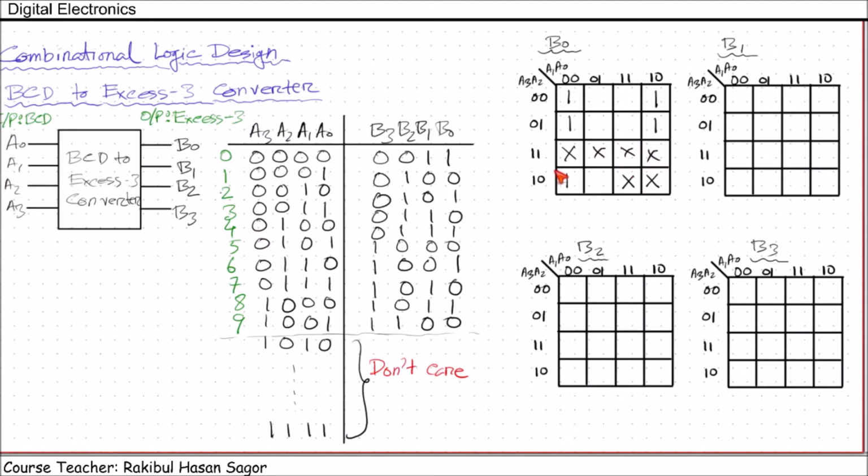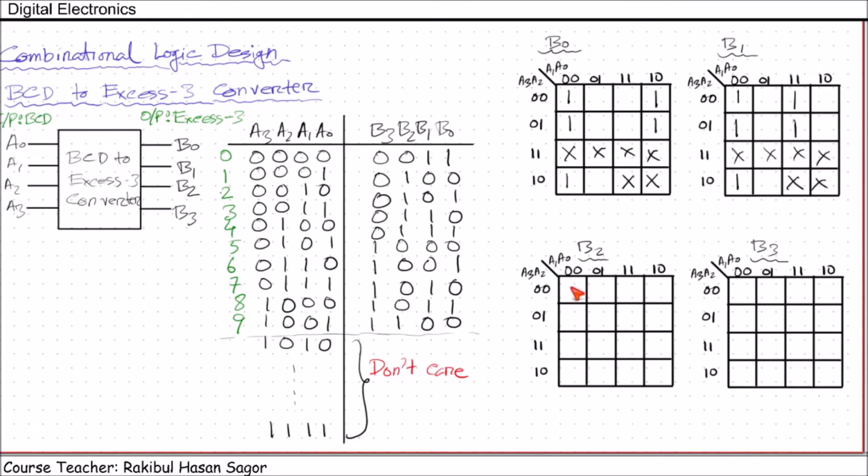So this is the mapping for B0. Next, let us map the B1s. We have 1s at the 0th position, 3, then 4, 5, 6, then 7, and 8 here, and these are the don't care conditions.